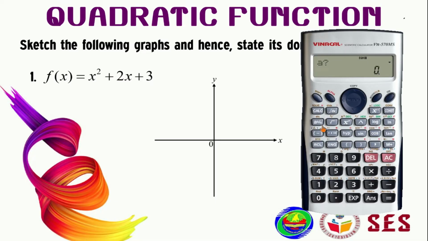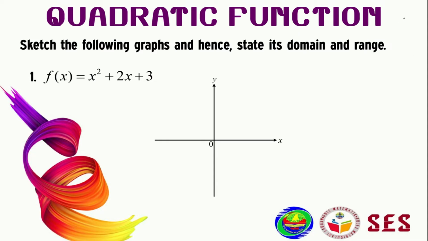The a value is 1, b is 2, and c is 3, and when we press equal, we see this r here, which means it cannot be factorized and it has complex roots. Therefore we need to use the completing the square that you have learned in chapter 2.